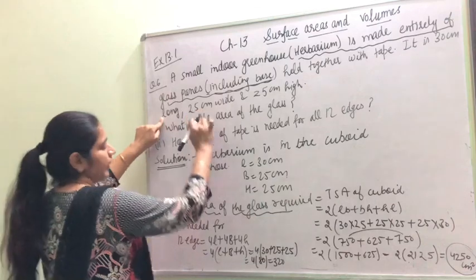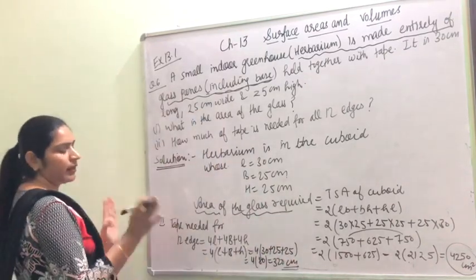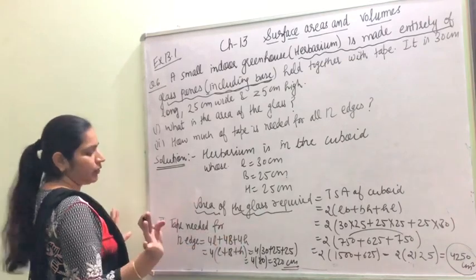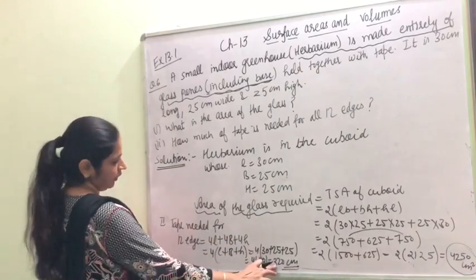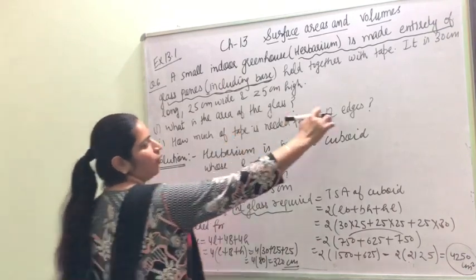Unit is centimeter. So for the tape required, answer statement again you have to write down. I am not writing, but you have to mention it. 320 centimeter tape is required for all 12 edges.